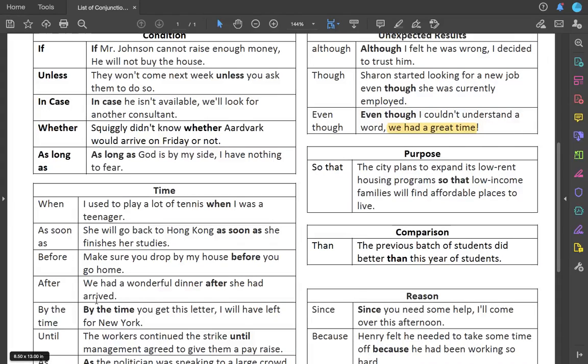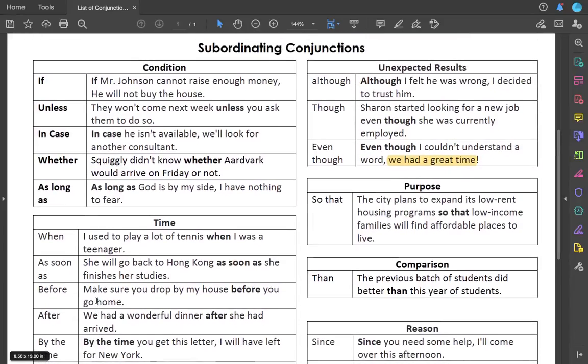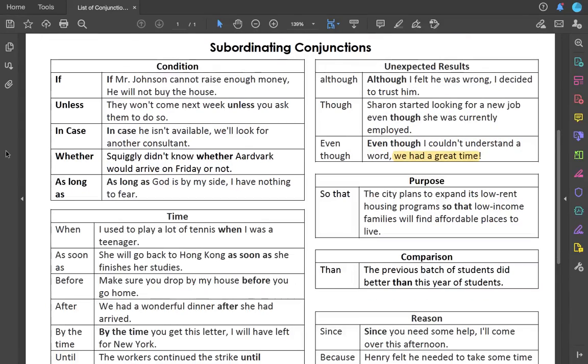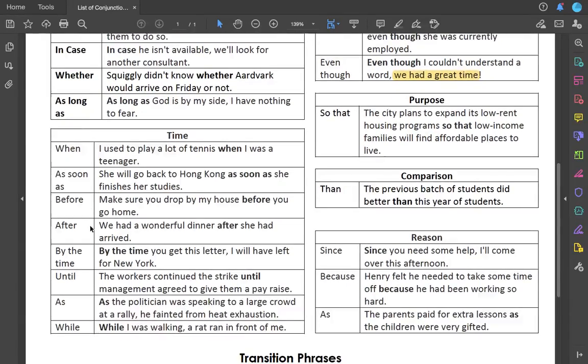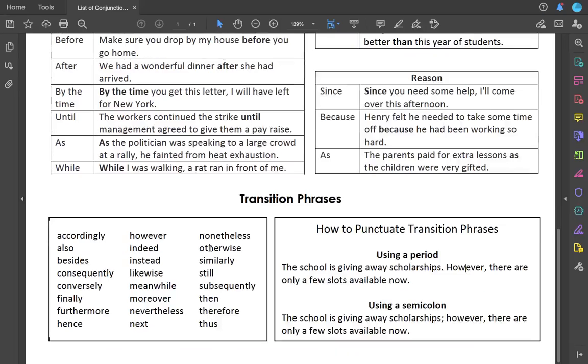Remember that our goal this semester is mainly fluency and secondarily accuracy. So use them correctly in terms of meaning and use them correctly in terms of form or grammar. All right, so there you go. It's the same thing here.